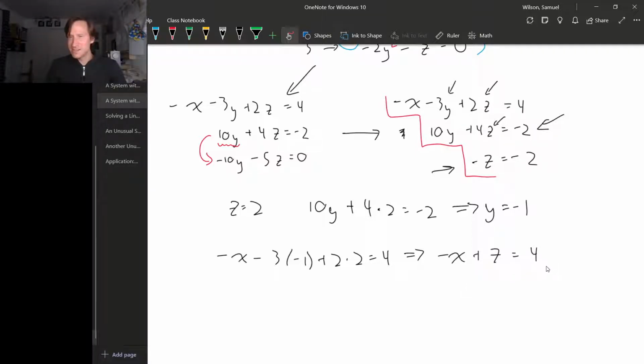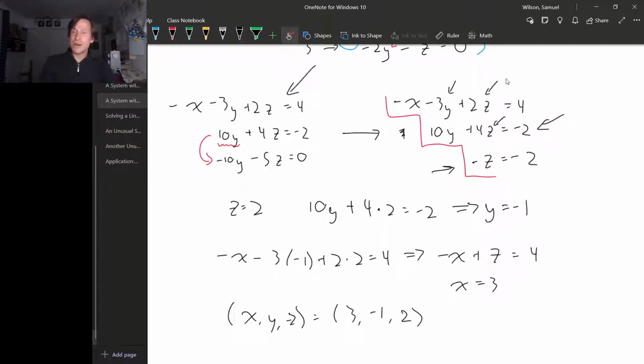So -x is -3, so x is 3. So for x, y, z, we get 3, -1, 2. Okay.